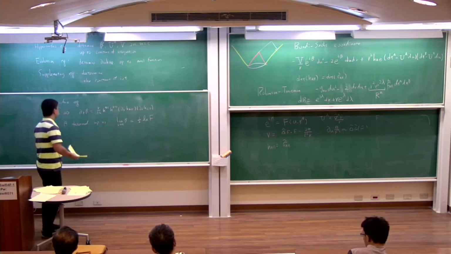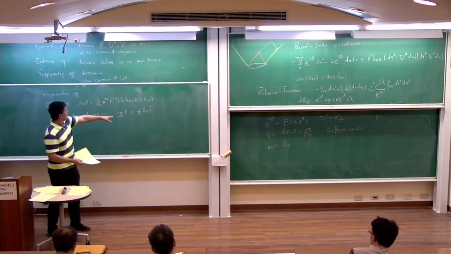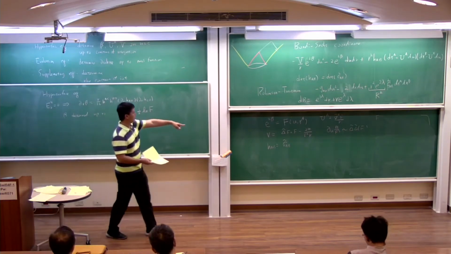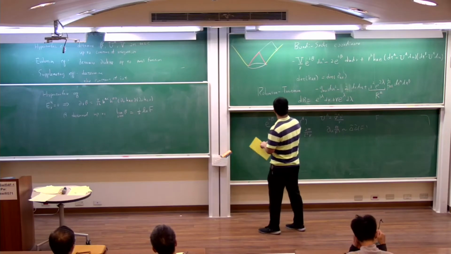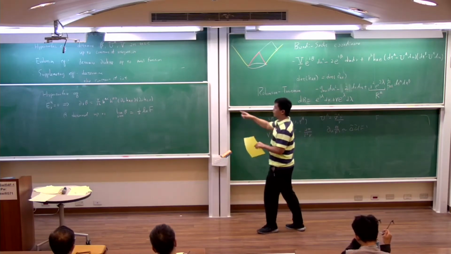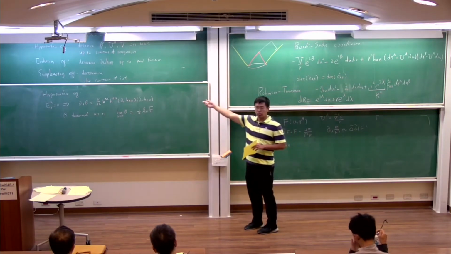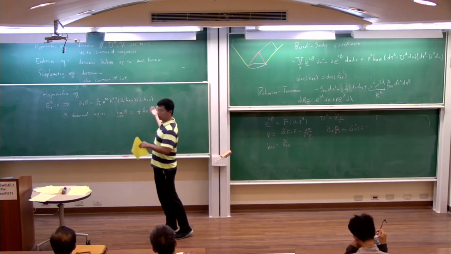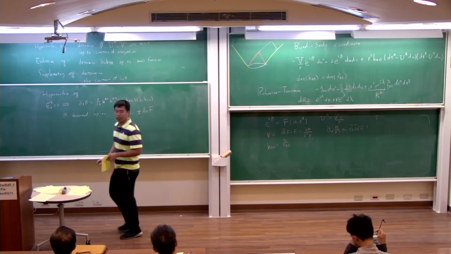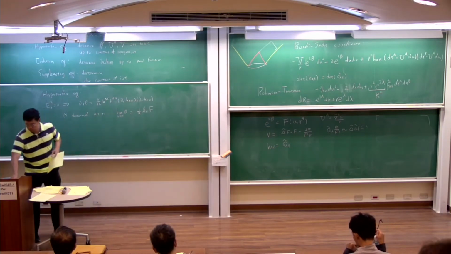Okay? And for example here, it's very easy to see that indeed for Robinson-Trautman, the right-hand side is exactly 0. So it's just beta equals this function entirely for Robinson-Trautman.